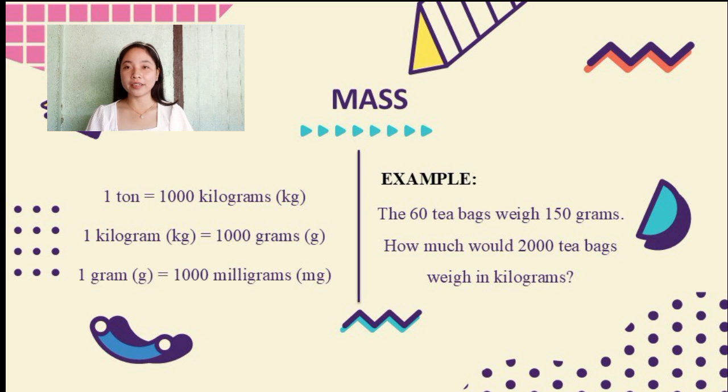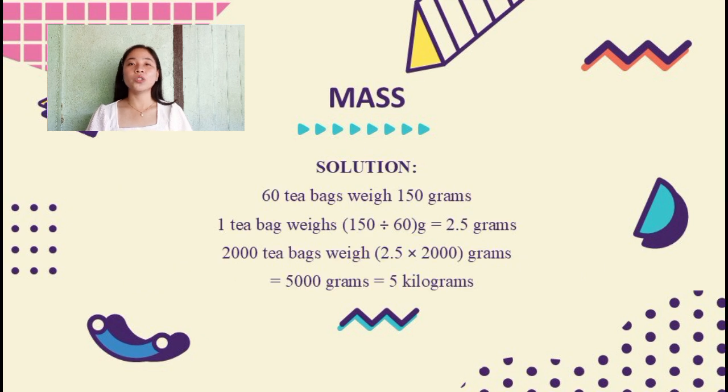Anyone can share their solution with our class? So, the solution for this problem is 60 tea bags weigh 150 grams. So, 1 tea bag weighs 150 divided by 60 grams, which is equal to 2.5 grams.